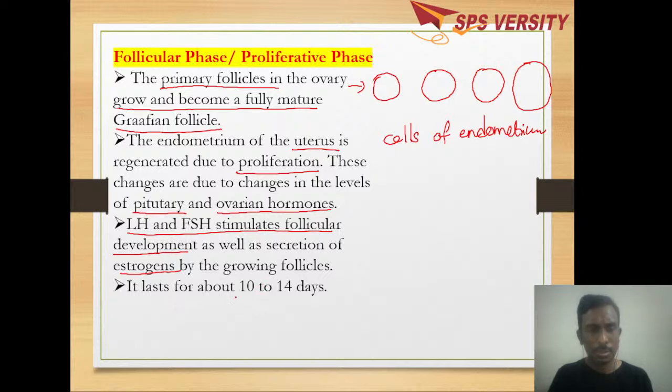It will last for about 10 to 14 days. So in the follicular phase, the major change in the follicle is its development. Next, the thickness of the endometrium will increase due to proliferation. The hormone levels change, that is LH and FSH, and it lasts for 10 to 14 days.